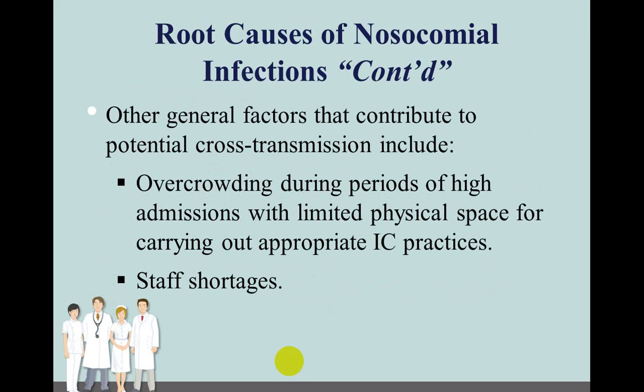Other general factors that contribute to potential cross-transmission may include overcrowding during periods of high admission with limited physical space for carrying out appropriate infection control practices. Also, staff shortage.